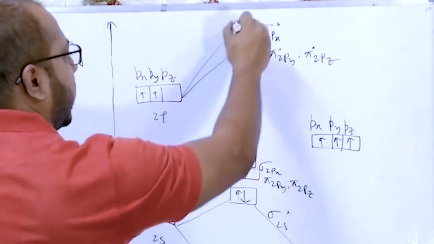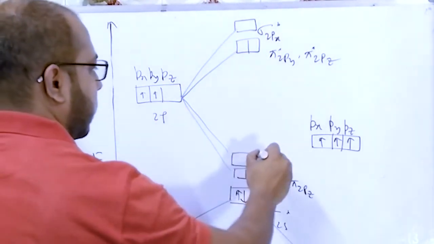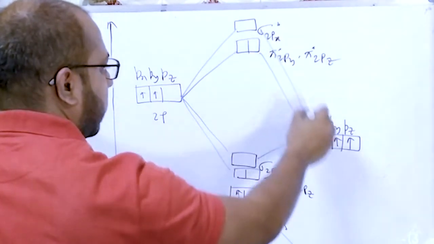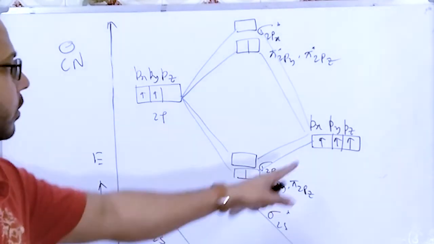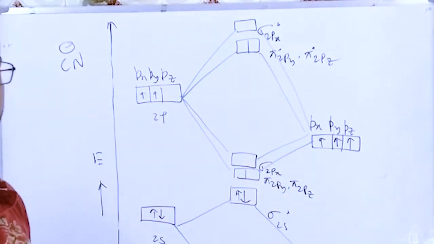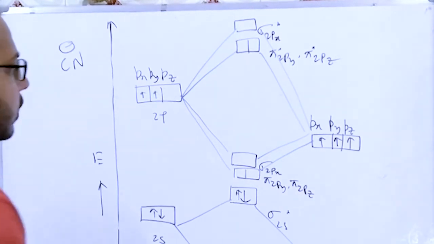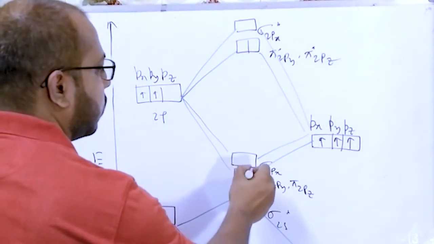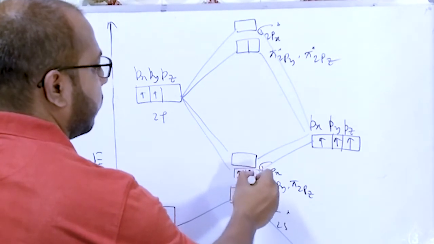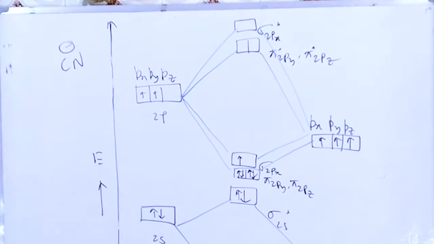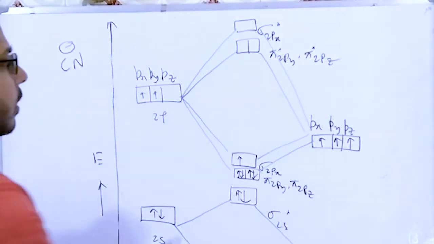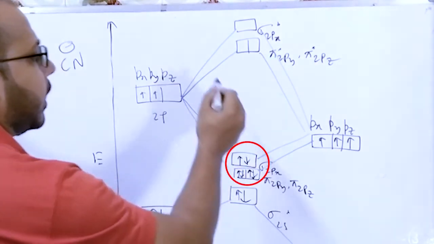So these are joined together. Here, and you will get 3 plus 2, कितना इलेक्ट्रॉन रहेगा? 5. So यहाँ पर 1, 2, 3, 4, 5, और यहाँ पर एक माइनस भी है, CN माइनस है, that's why another electron should be there.